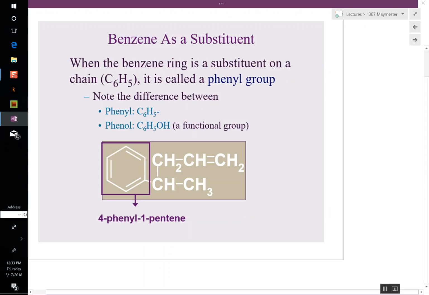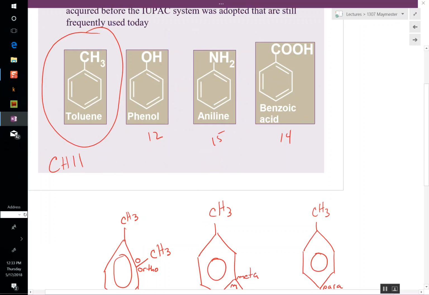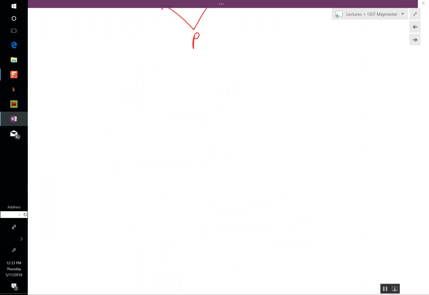Let me give you a compound. We got the stomp. Let's say I said draw meta-chlorotoluene. Go ahead and draw that.